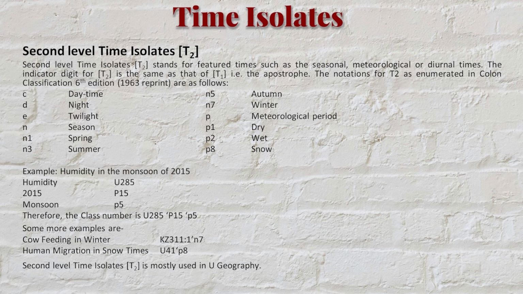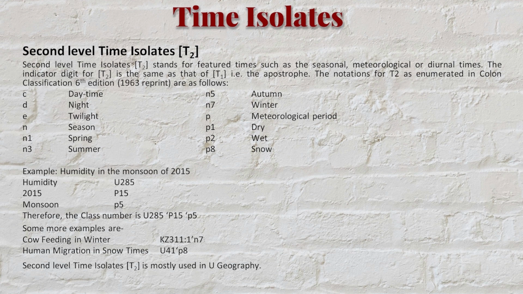Then for 2015, we have seen that the century 2000 to 2099 is denoted by capital P, and for particular decade or year shown as 15, 1 for decade and the 5 for the particular year.